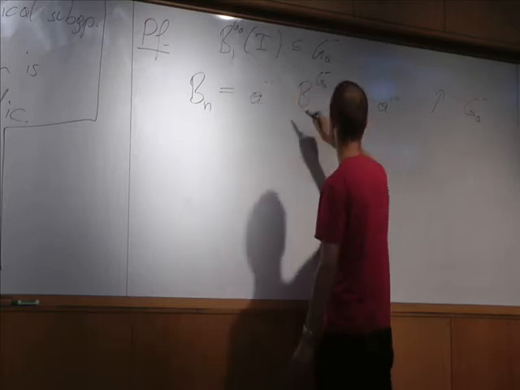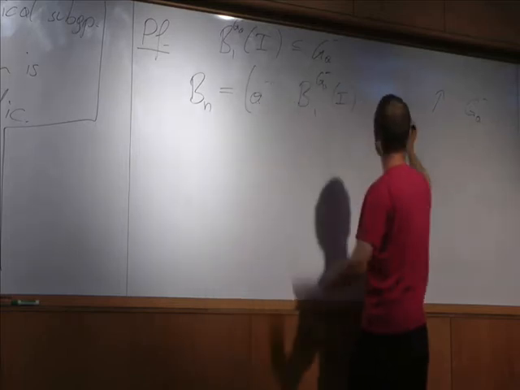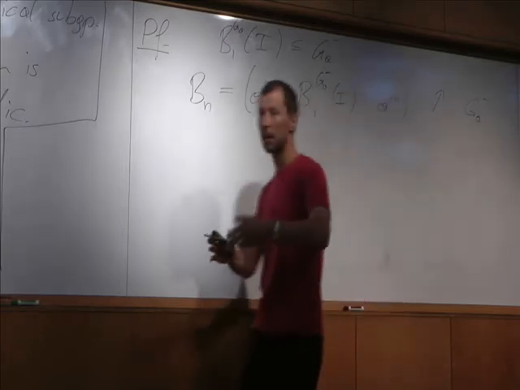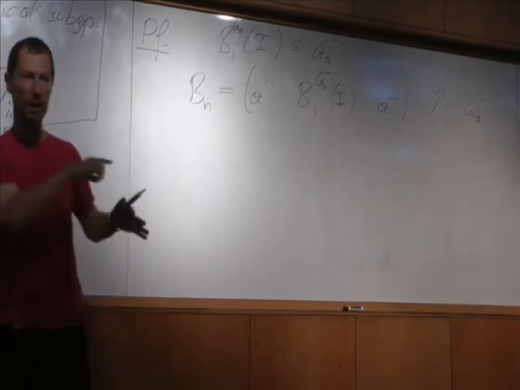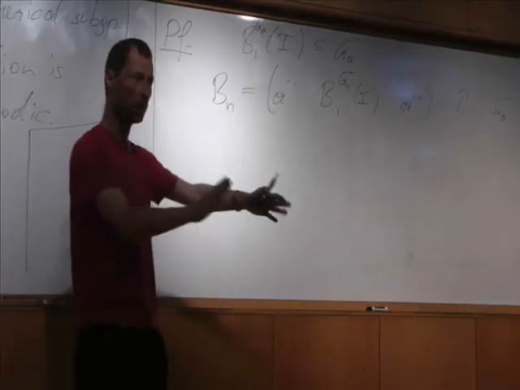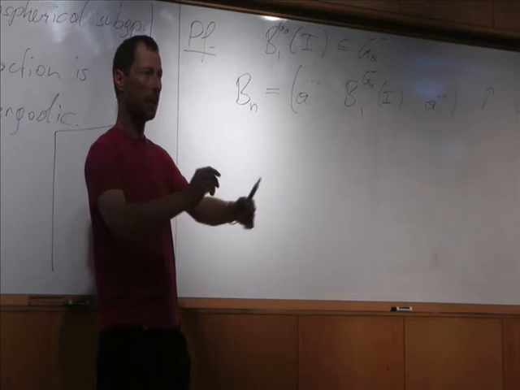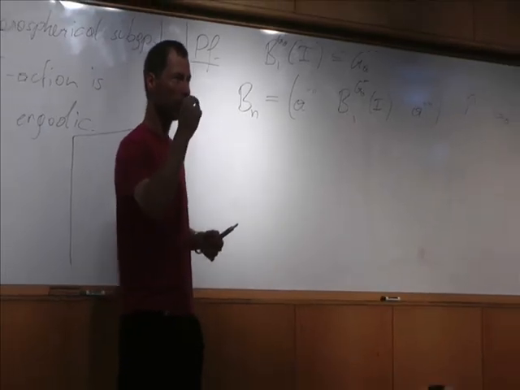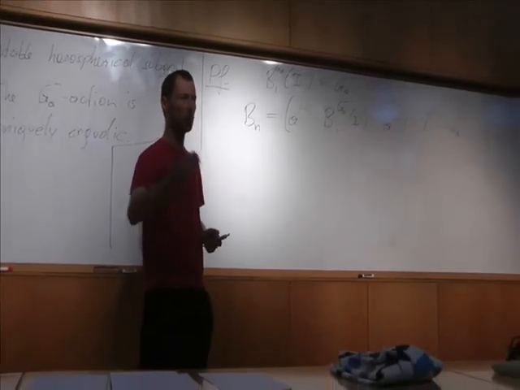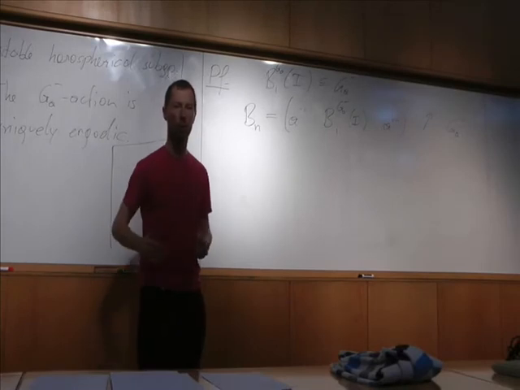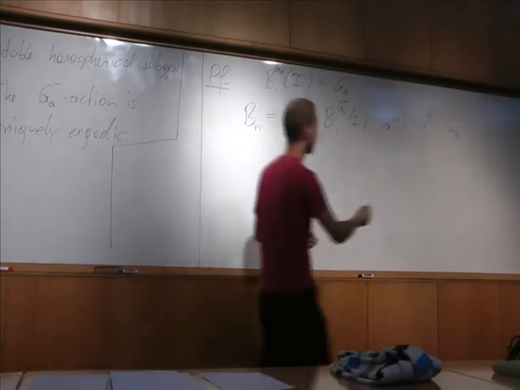So this is a sequence of sets which has the property that if you shift that sequence a fixed amount, then the symmetric difference in relationship to the original set gets smaller and smaller. That's the property of a Følner set.